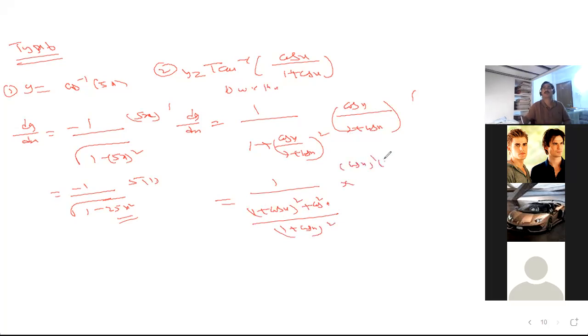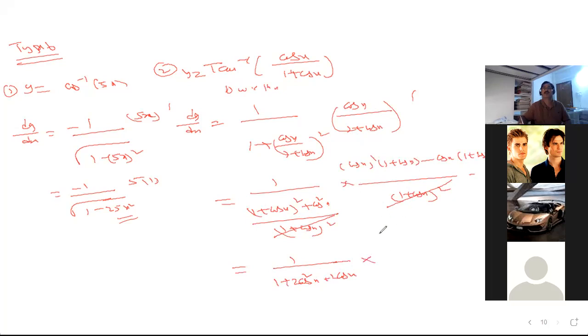Cos x dash (1 plus cos x) minus cos x (1 plus cos x) dash, divided by (1 plus cos x) whole square. You should have a little patience, nothing else. What will this be? 1 plus 2 cos square x plus 2 cos x after expanding. Here what will be?